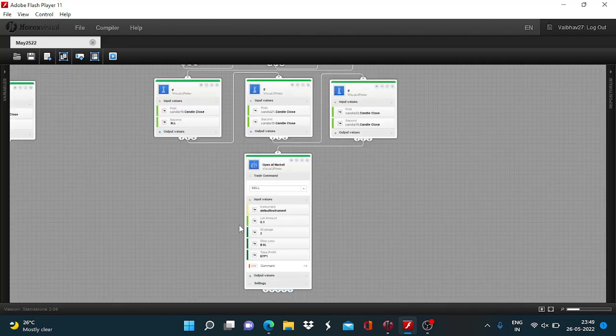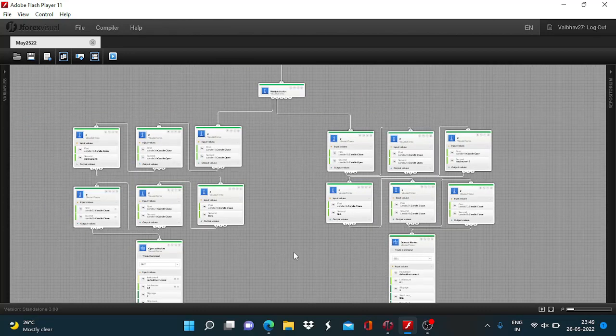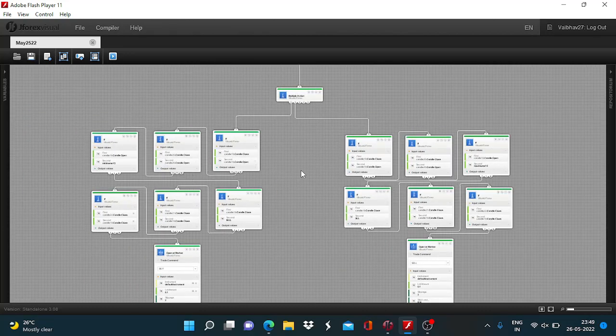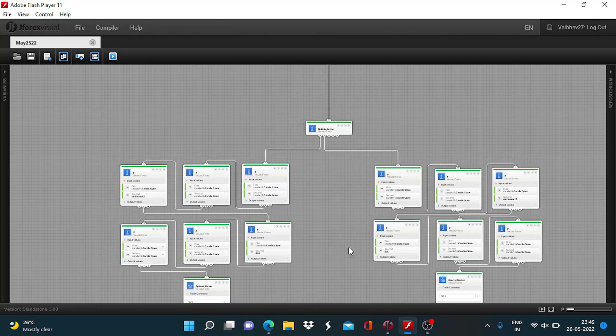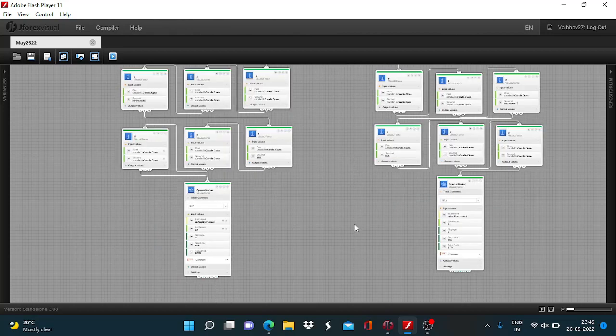Now as you can notice, this is exactly looking like a mirror image of the buy side. So we have a symmetrical formation in place.